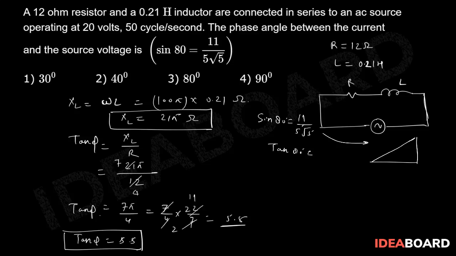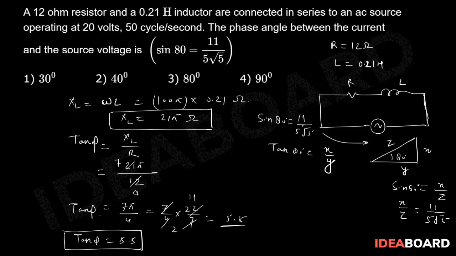So sine 80 degree, that means this angle is 80 degree, this is going to be x and y, then this is going to be, let us say, z. Now sine 80 will be x divided by z only, which gives us 11 by 5 root 5. Perfect. So from there I can say that tan 80 is going to be x upon y, right?